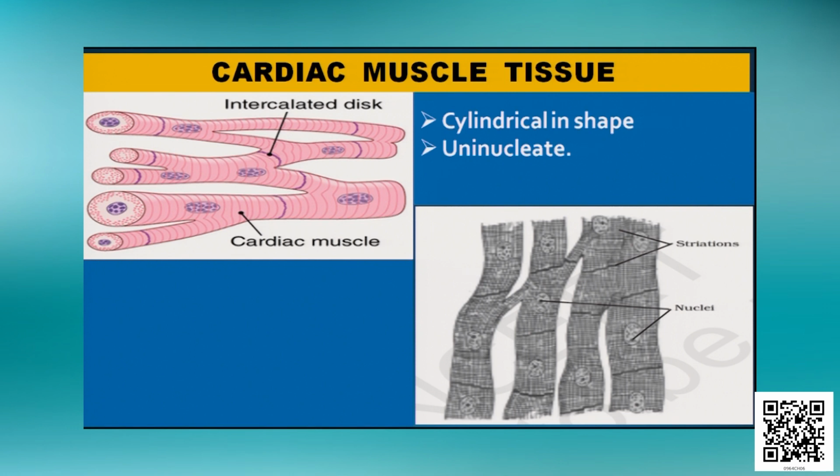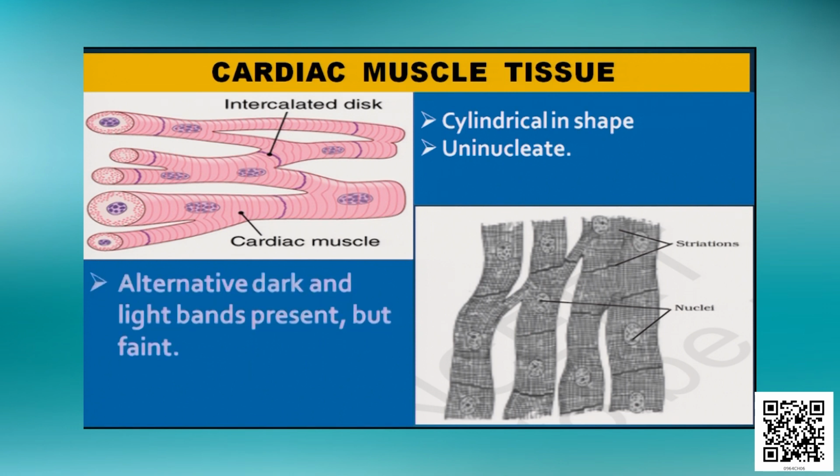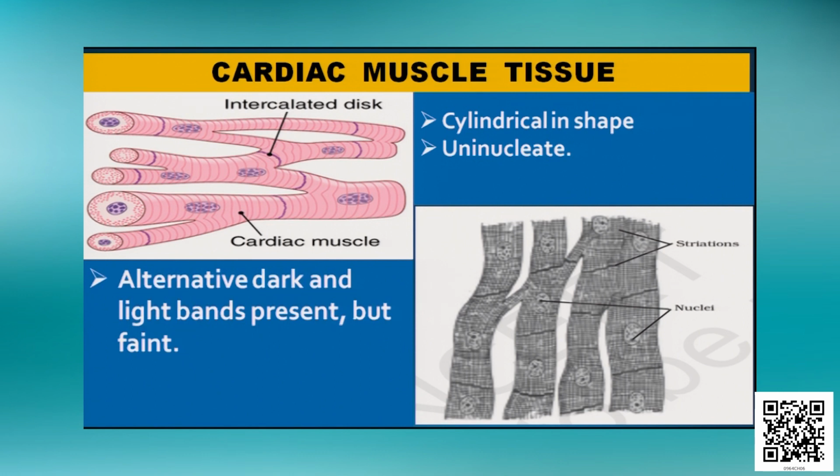Only one nucleus in one cell, so uninucleated. Okay. Alternative dark light band present, but it's very faint. In striated muscle, alternative dark and light band present, but that is clearly visible. Here, alternative dark and light band present, but it is faint.